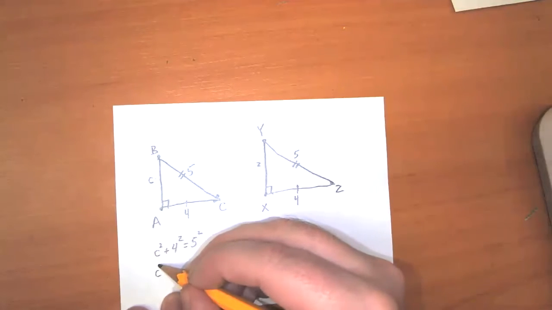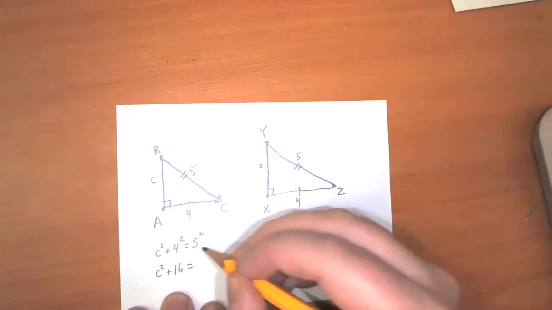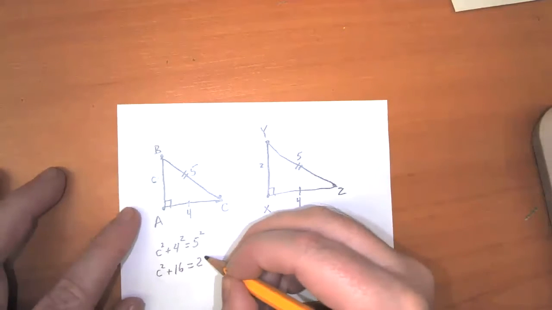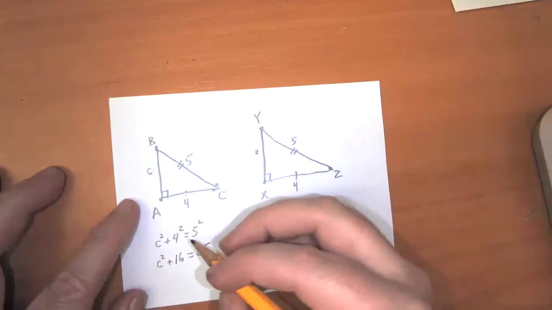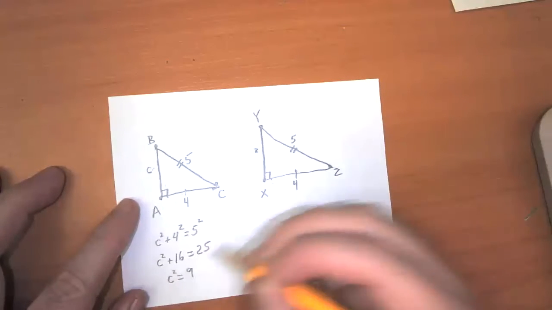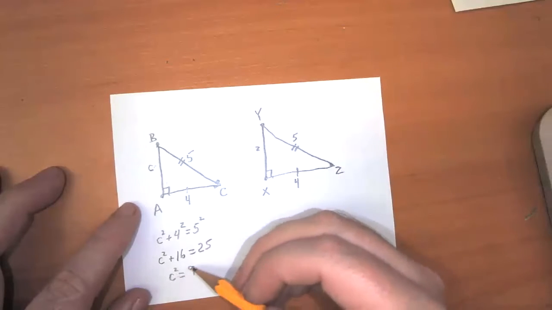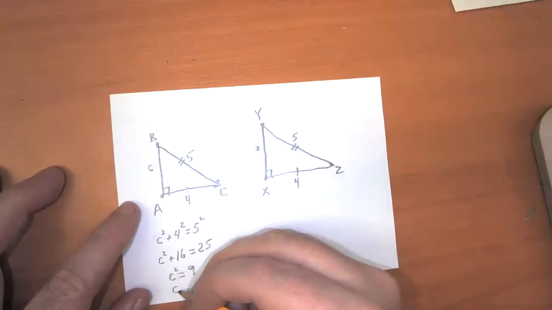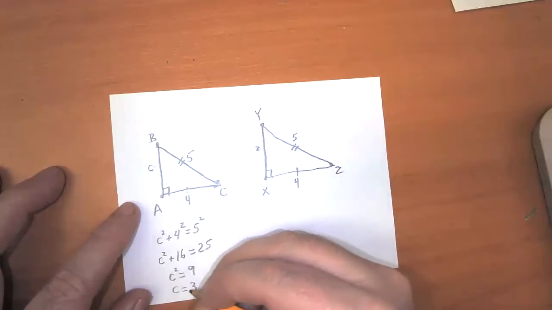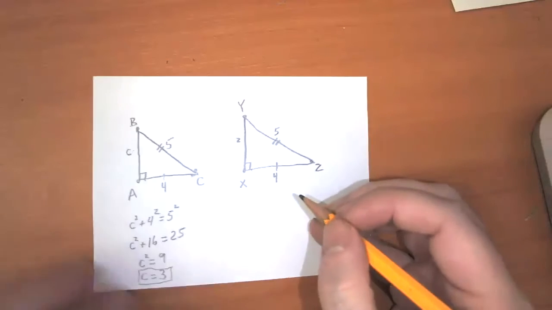And we can see if we can solve this for c. So c squared, 4 squared is 4 times 4, which is 16. 5 times 5 is equal to 25. If we subtract 16 from both sides, we get that c squared is equal to 9. And what positive number has a square equal to 9? Well, 3 times 3 is equal to 9. So we know that c is equal to 3.